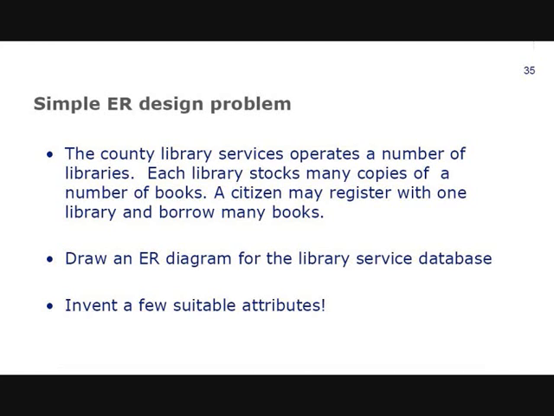If we are only concerned with the occurrence, then the book copy is borrowed by only one citizen, but each citizen can borrow many book copies, okay? But if we want to store the history of the book copy through the library, how many times it's loaned and for what period, then we need a many-to-many, and we need an intersecting entity, which might be a borrowed record, a loan record, which is for a particular copy and a particular citizen.